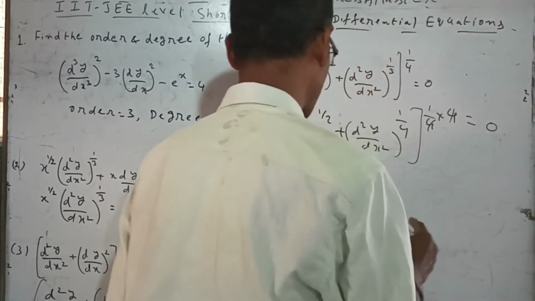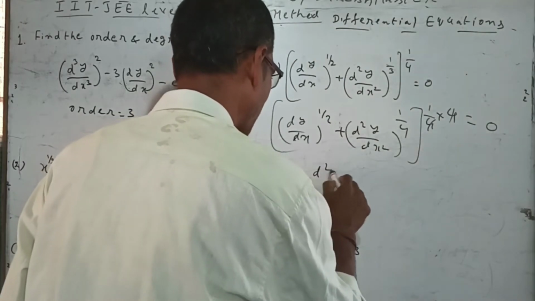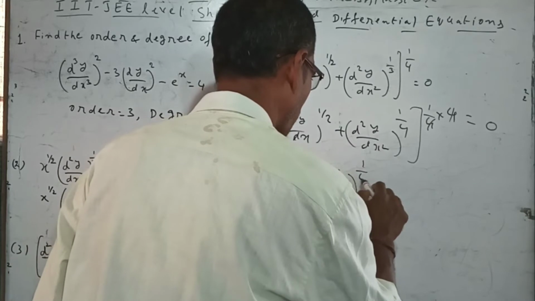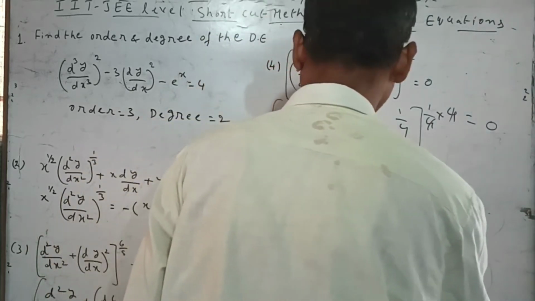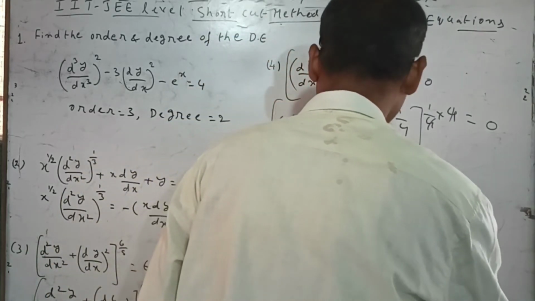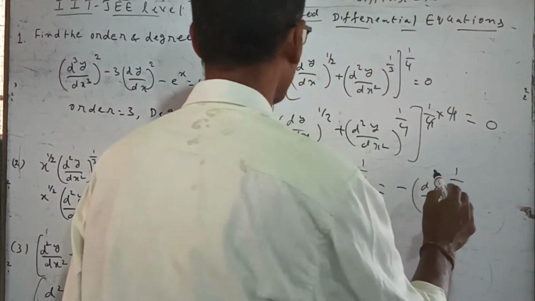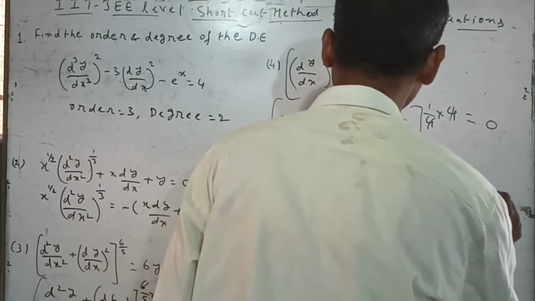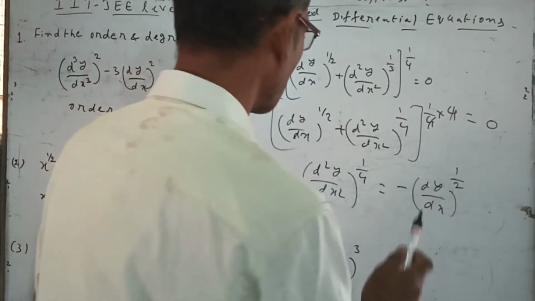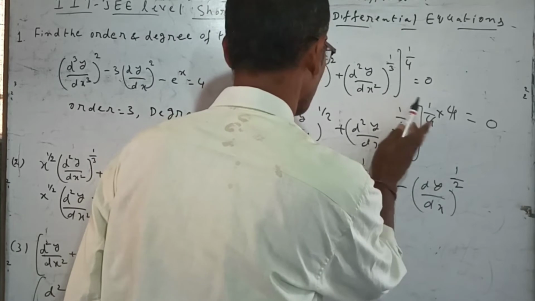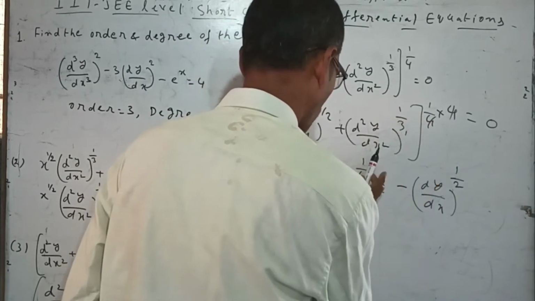This 4 gets cancelled. We have (d square y by dx square) whole power 1 by 3 equal to minus of (dy by dx) whole power 1 by 2.